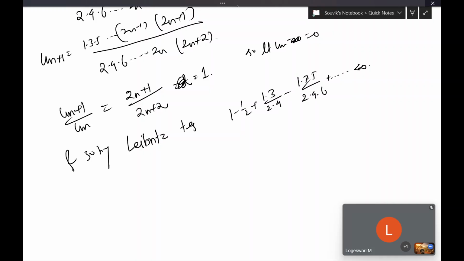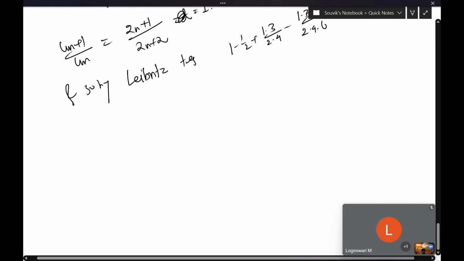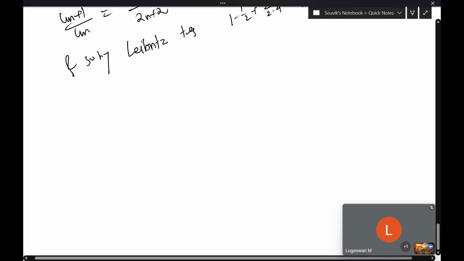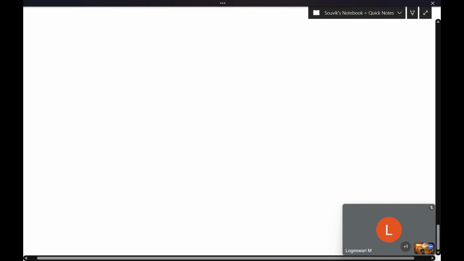Okay. So these are some example applications of the Leibniz test. Now there are two important tests, namely Abel's test and Dirichlet's test. First, let me start with Abel's test.